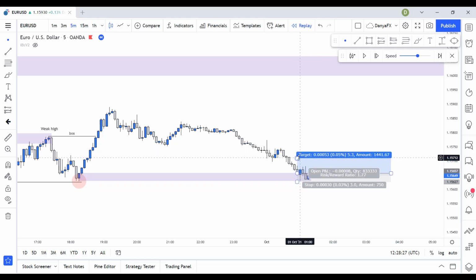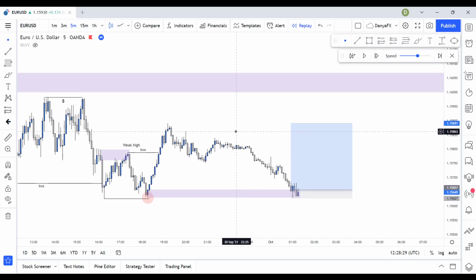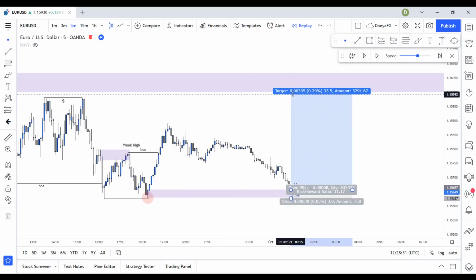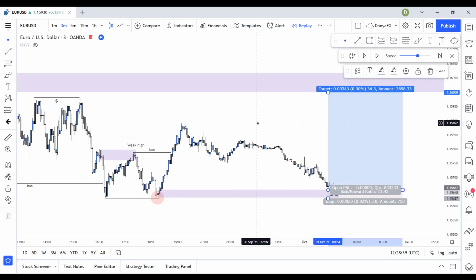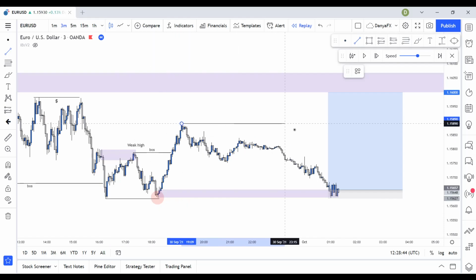And we want to see the price go into this zone, but since the market is fractal, I went down to look at this high. So as we know, there is liquidity above the highs and the lows and below the lows.